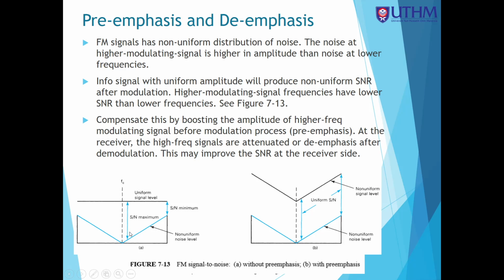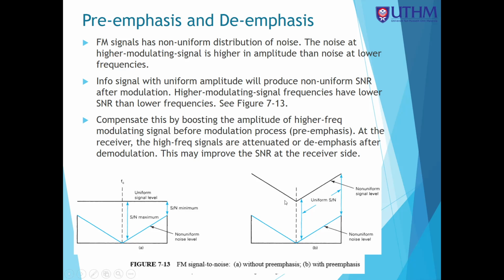Okay, so the reason we want to do the pre-emphasis and de-emphasis is that we want to make the SNR value uniform, no matter how high is the nilai FM input. Kita ingin menjadikan nilai SNR itu lebih uniform ataupun sekata, tidak kira sama ada nilai FM itu dinaikkan ataupun tidak.